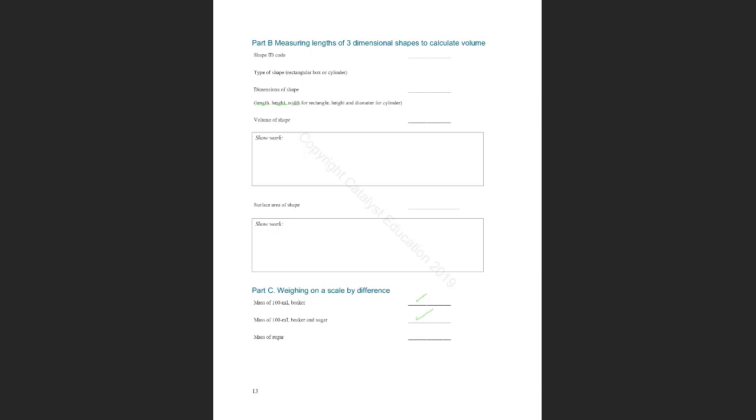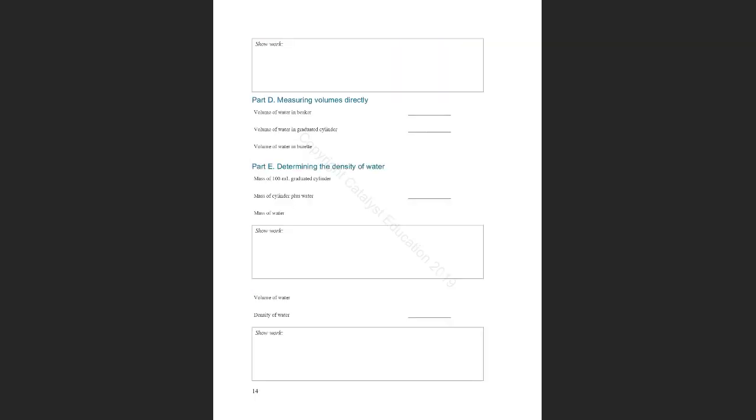And where it says show work, you will write it here to make sure that they know. Maybe it will be a little different, but it's all about the same: sig figs and calculating, and then measuring volumes directly.